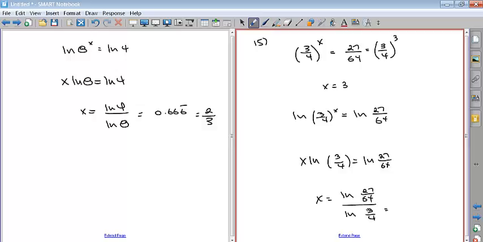If you plug that into your calculator, you get the natural log of 27 divided by 64, divided by the natural log of 3/4, and I get 3, which is the same answer I got up there.